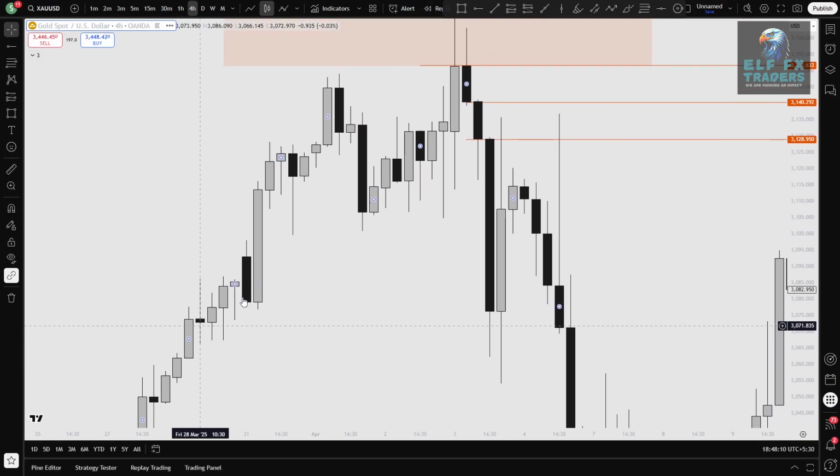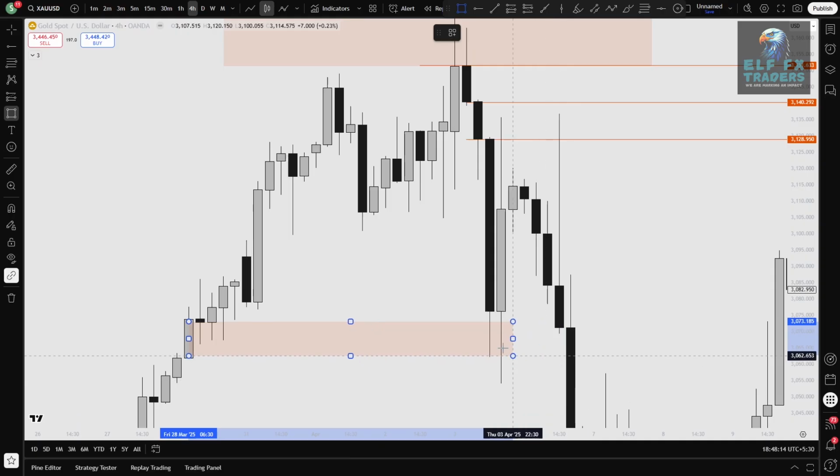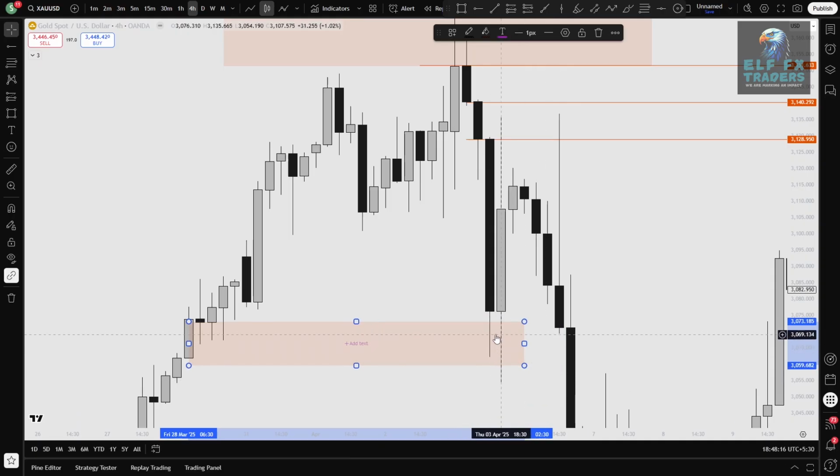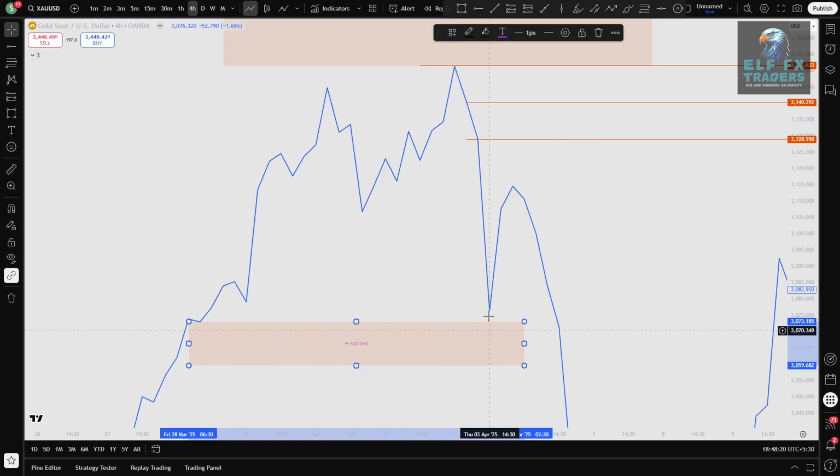Look at how far the price had gone here. It went to these areas. But when you go to the line chart, there is nothing. It shows nothing. So the line chart is always focusing on the closing and the opening of the market.